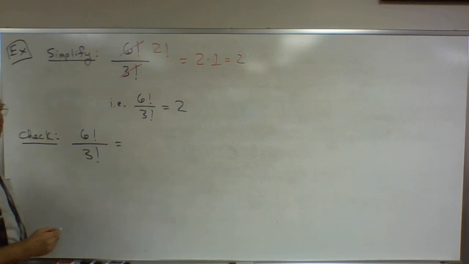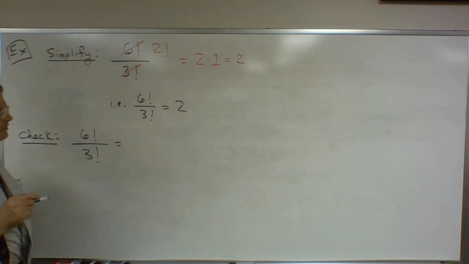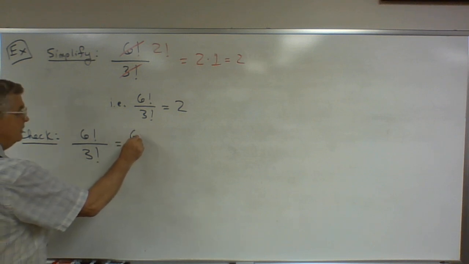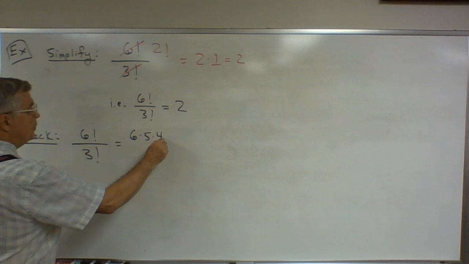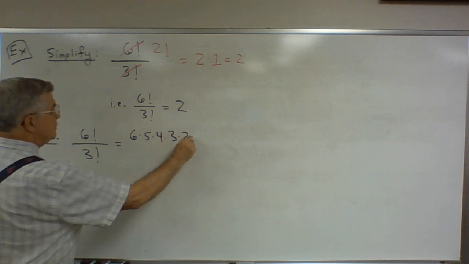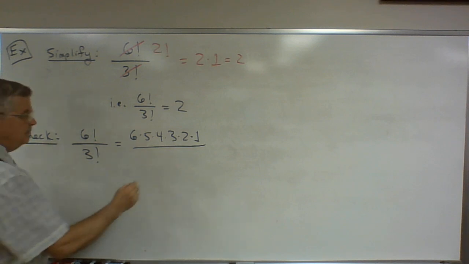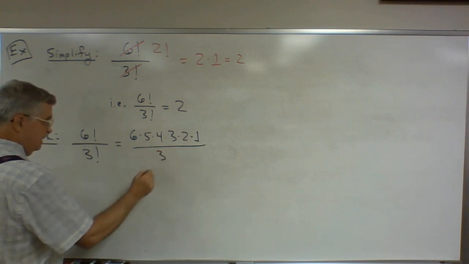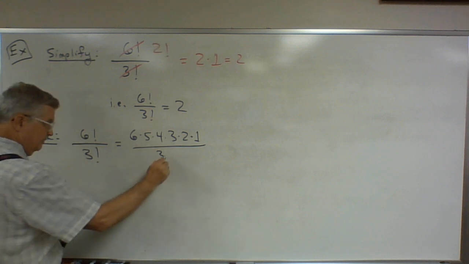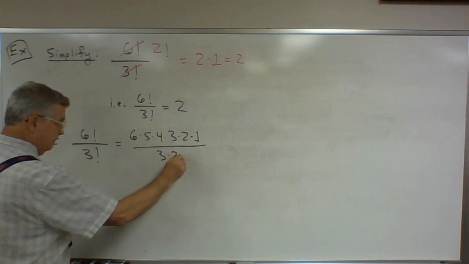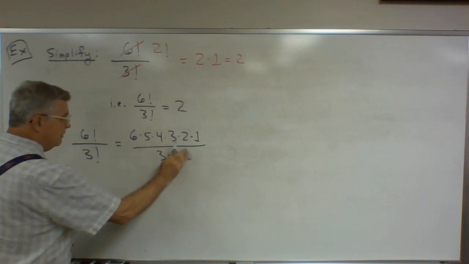What is 6 factorial? It's 6 times every positive integer less than itself: 6 times 5 times 4 times 3 times 2 times 1. And 3 factorial is 3 times every positive integer less than itself.